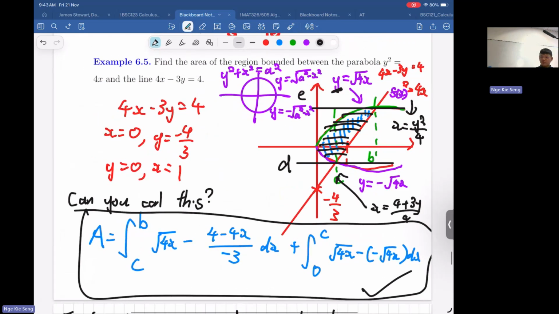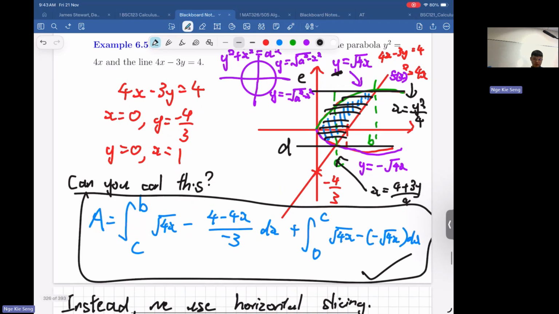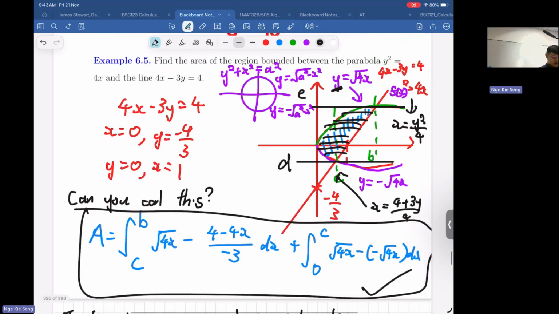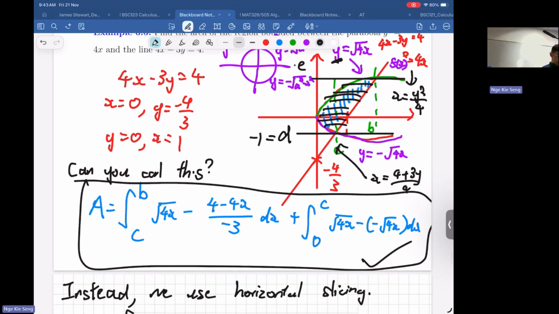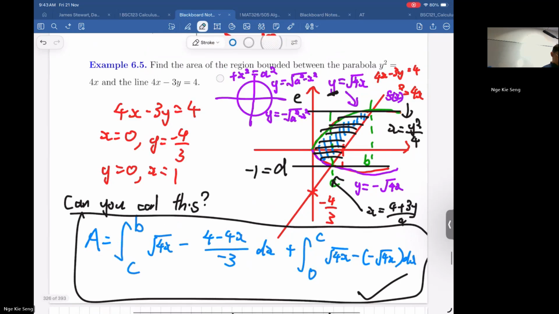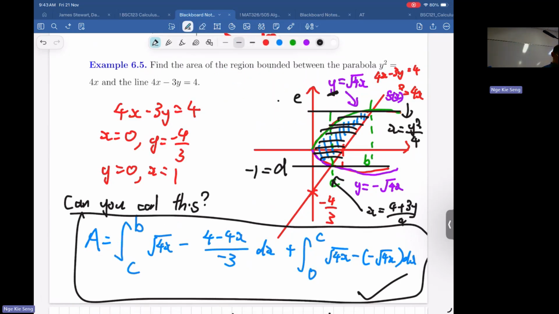You need x if you do the vertical slicing like we did just now, with the b and c here. Otherwise, to find d and e, we can do this. So y is negative 1 or y is 4.